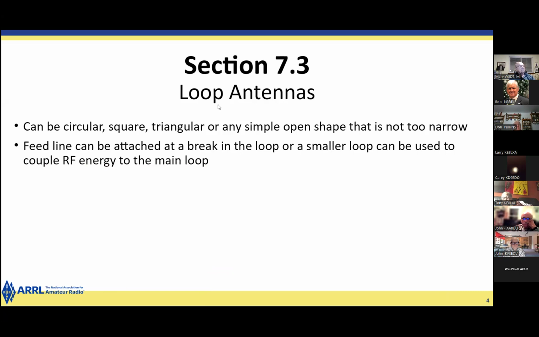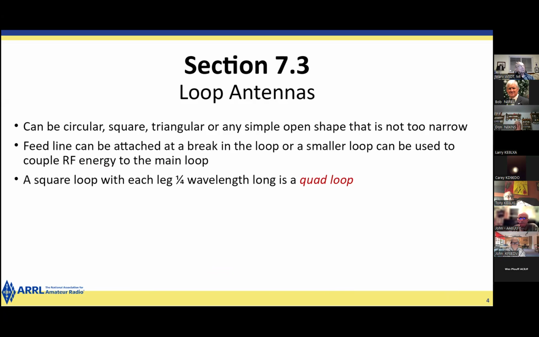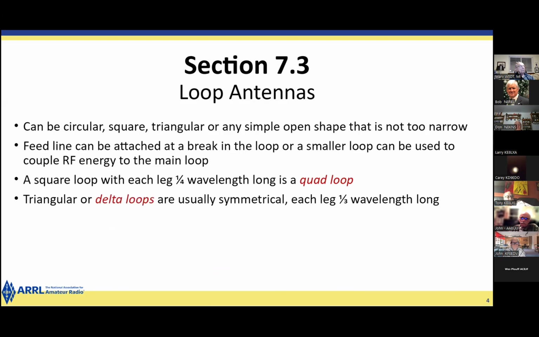A feed line can be attached at a break in the loop, or a smaller loop can be used to couple RF energy to the main loop. A square loop with each leg 1/4 wavelength long is a quad loop. Triangular or delta loops are used symmetrical, each leg a third of a wavelength long.